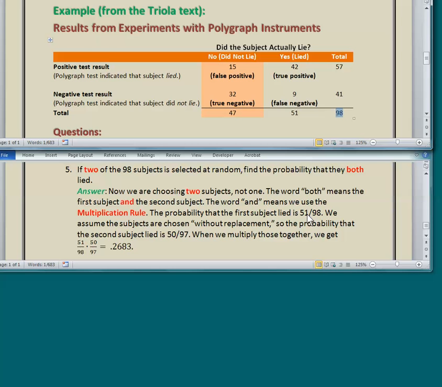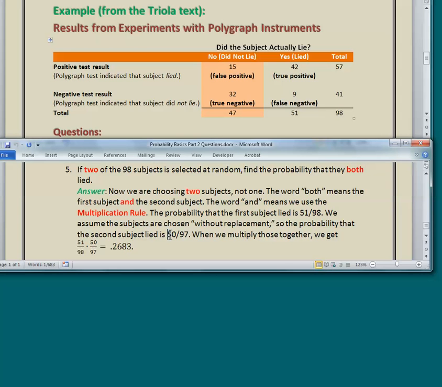There's only 50 who lied. So when we're choosing the second one, that probability is 50 over 97. In other words, each of these numbers is reduced by 1 when we choose without replacement. So when we multiply these together, we get 51 over 98 times 50 over 97, and that equals 0.2683.